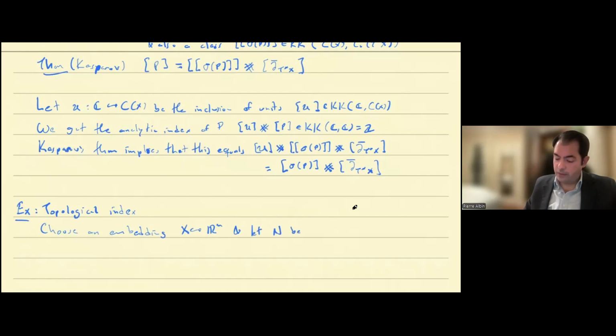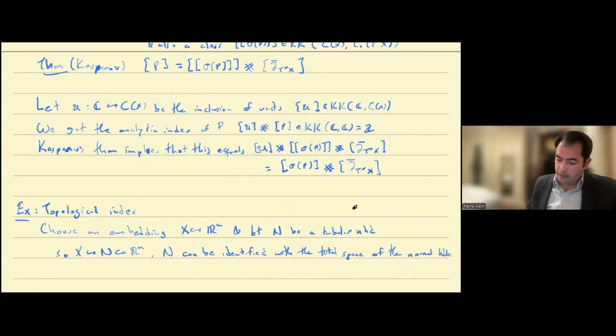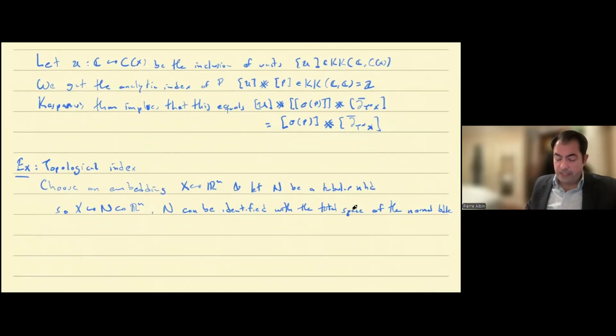Let N be a tubular neighborhood, right, so that X is going into N inside Rn. Right, N can be identified with the total space of the normal bundle to the image of X inside Rn.